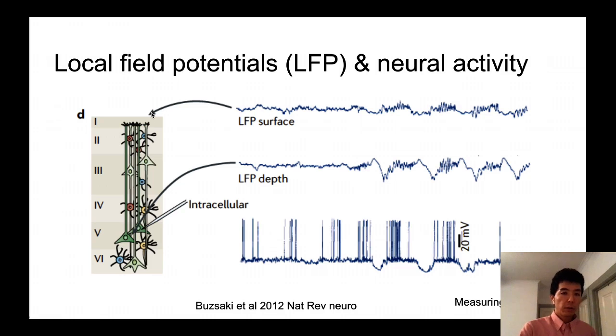If you can record the ECoG from the surface of the cortex like here, and then the LFP again inside of the brain, just beneath the ECoG, then you will start to see a correspondence, in terms of the opposite polarity between the ECoG and the LFP.